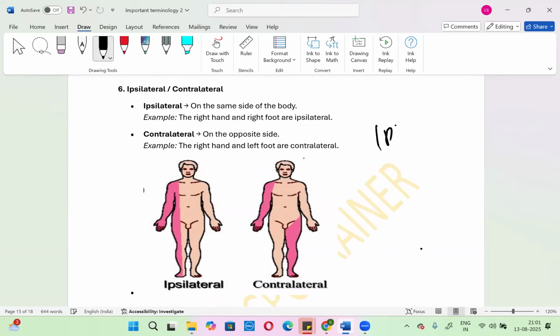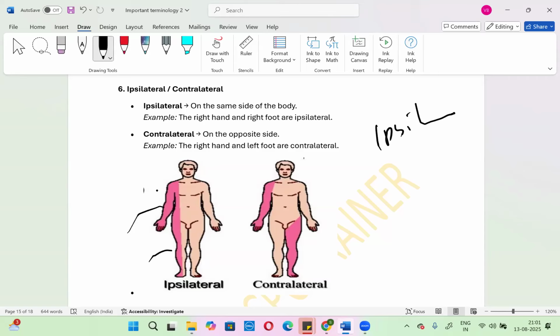They will document the ipsilateral side. Ipsi means same side. So if they are doing surgery on the right hand and right leg, both on the right side only, both are the same side, ipsilateral.